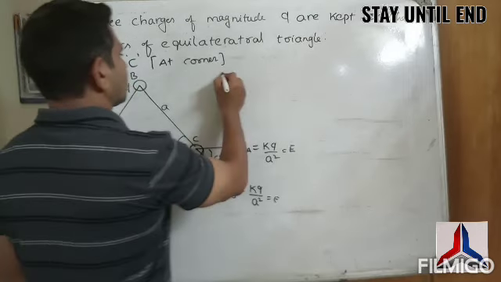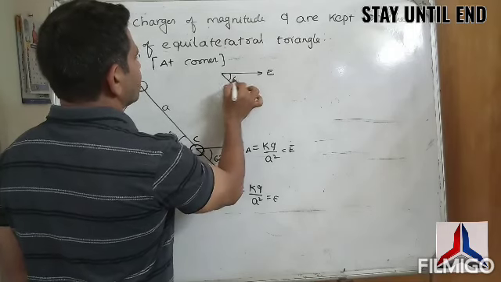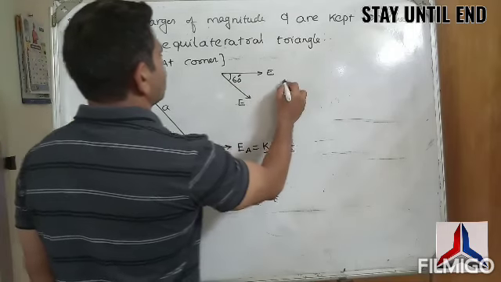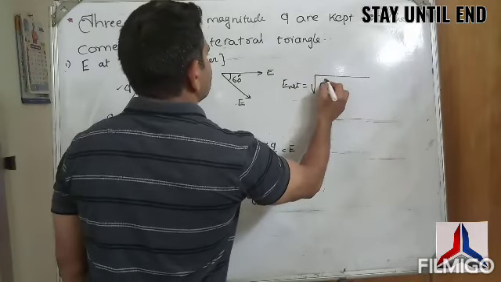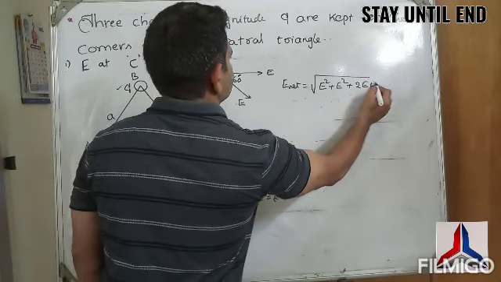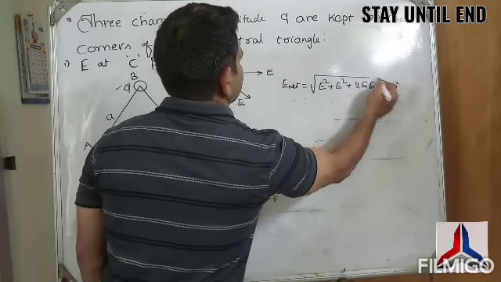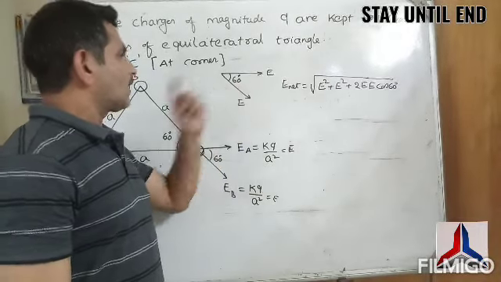Let you say E, let you say E. So the resultant electric field intensity, this is E, this is E, which are at an angle 60 degrees. Therefore net electric field intensity E net is equals to root over E square plus E square plus 2E·E cos 60.